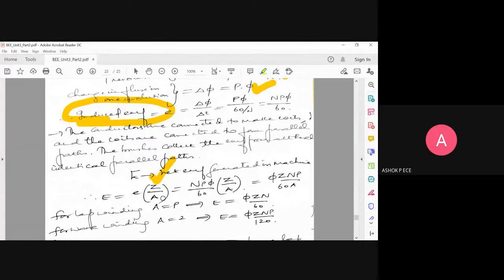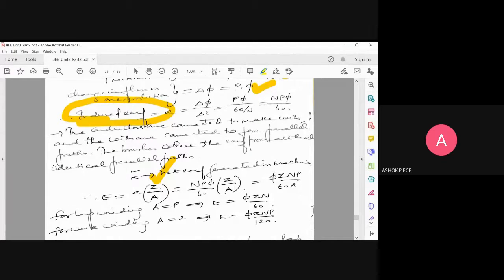But all parallel paths contribute the same EMF, so it is not logical to multiply the EMF by A. To get the net EMF, you should divide by the number of parallel paths.